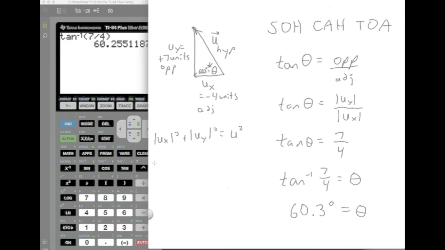And so that means that the square root of ux squared plus uy squared is the square root of u squared. We're going to take the positive square root because we want a magnitude, and a magnitude can't be negative, and this symbol by default means the positive square root.